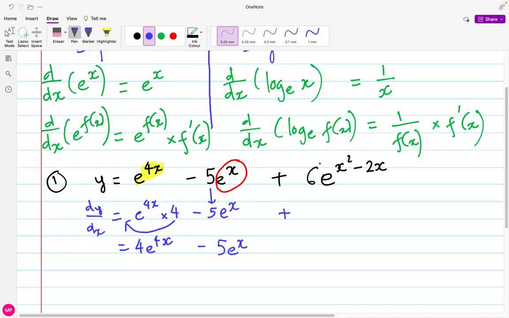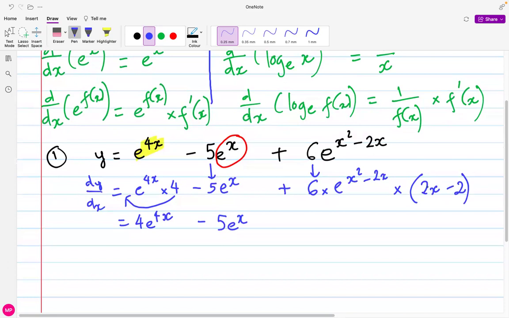Now the last term, 6 is a coefficient, keep the 6, and then I use the formula. So a to the power of f(x) again: a to the power of x squared minus 2x, and then you times by f dash, which is the derivative of x squared minus 2x. The derivative of x squared is 2x, and the derivative of minus 2x is negative 2.